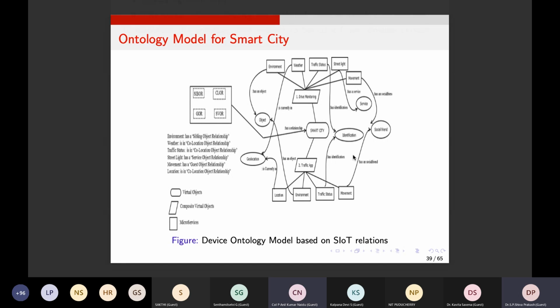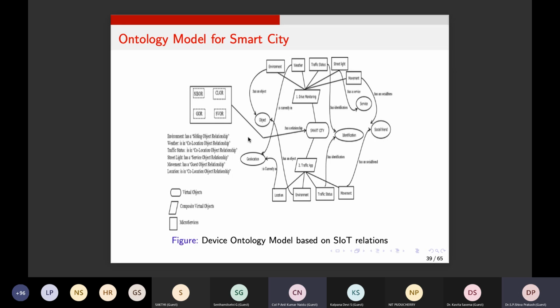And also, consider this drive monitoring. Drive monitoring has an environment, a weather, a traffic status, a street light, and movement. Now, how is this weather related to the geolocation?